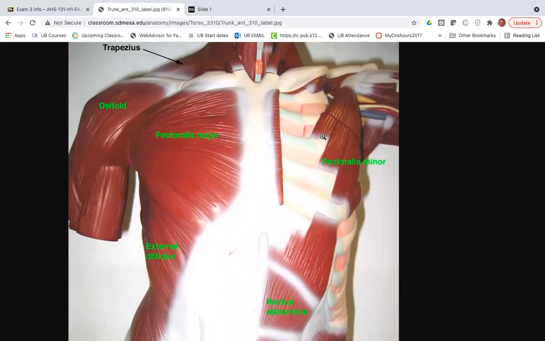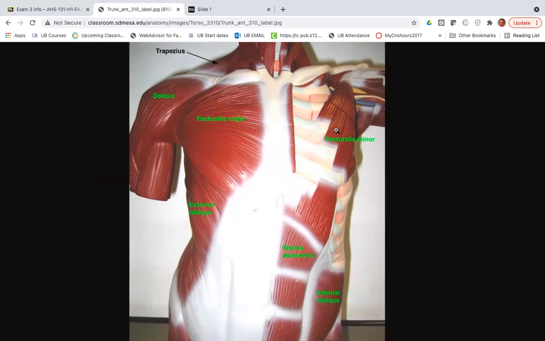Pec minor originates on ribs 3, 4, and 5, and it inserts right here on the coracoid process of the scapula. So the origin is ribs 3, 4, 5, and it inserts where? On the coracoid process of the scapula. Okay, what else do we have?